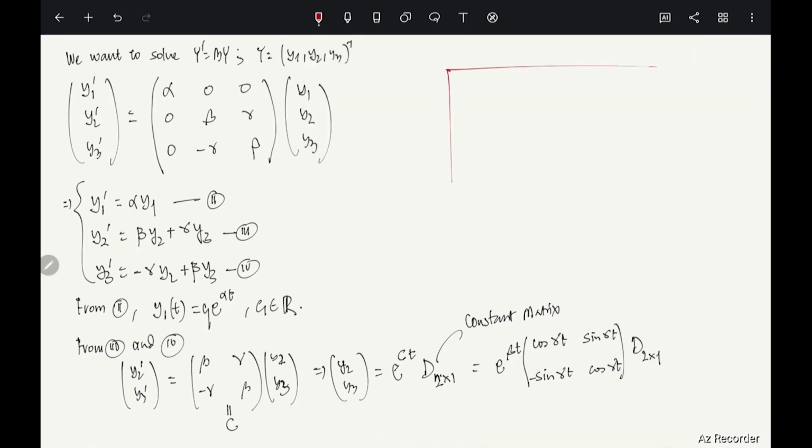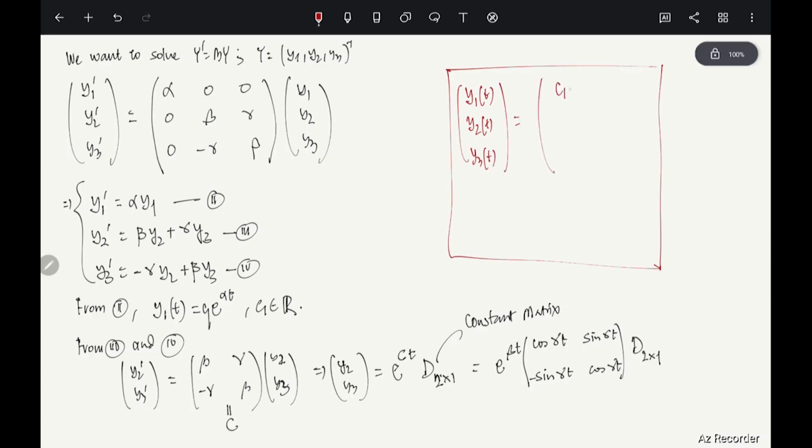What did we get? We get y1 of t, y2 of t, y3 of t. How does it look? It looks like this. What is y1 of t? It is c1 times e to the power alpha t, right? What is y2 of t?